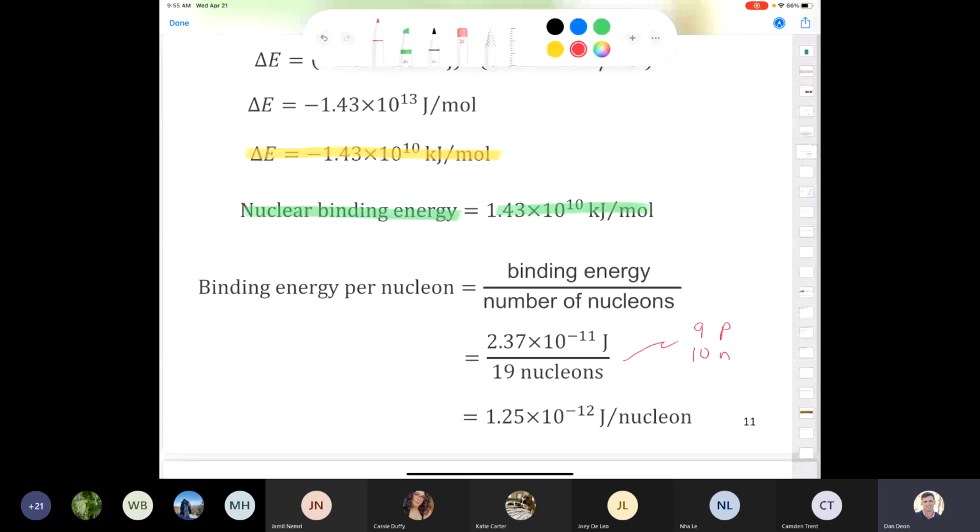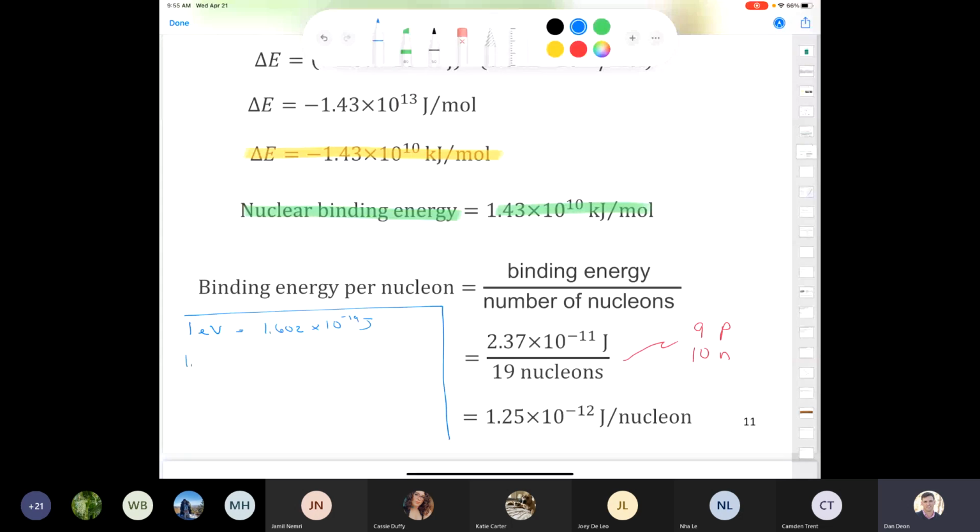Now, another way to write this unit instead of joules per nucleon is mega electron volts per nucleon. And that is used pretty often in our textbook. So I'll show you how to do that conversion factor right here. We use the conversion factor that 1 electron volt is equal to 1.602 times 10 to the power of negative 19 joules.